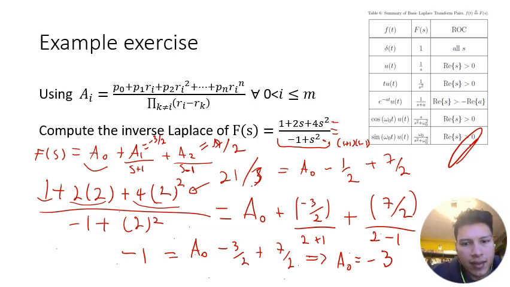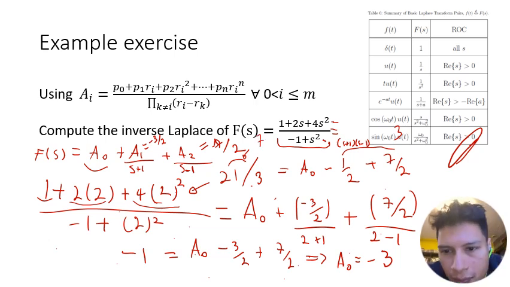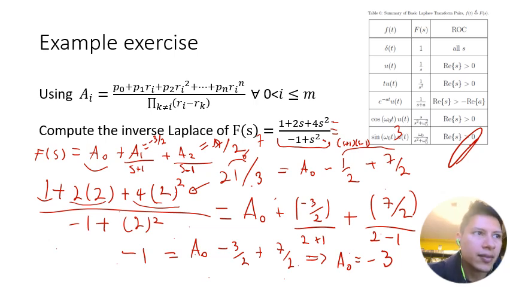And then, am I correct? 4, 3, yeah. So here, minus 1/2 plus 7, that's just equal to 3. Right? 6, 3. And then 21/2 is just equal to, well, 7. And that gives you 4. Did I do something wrong here? Okay, 1 plus 4, that's 5, plus 16, that's 21.